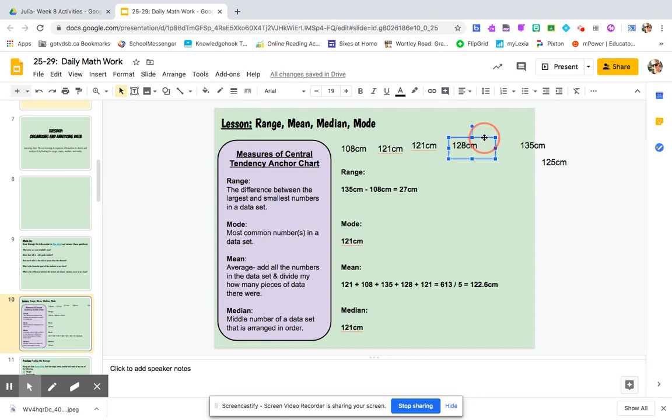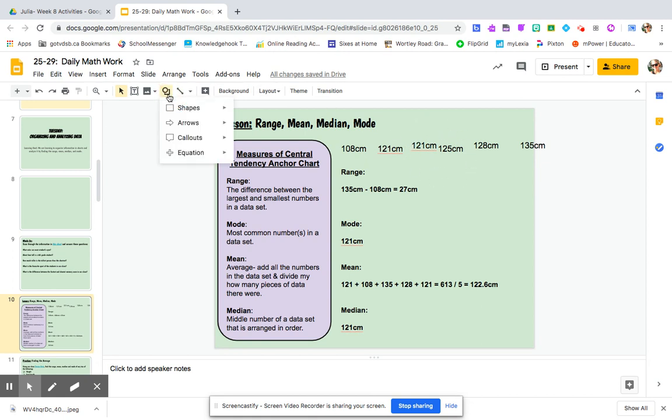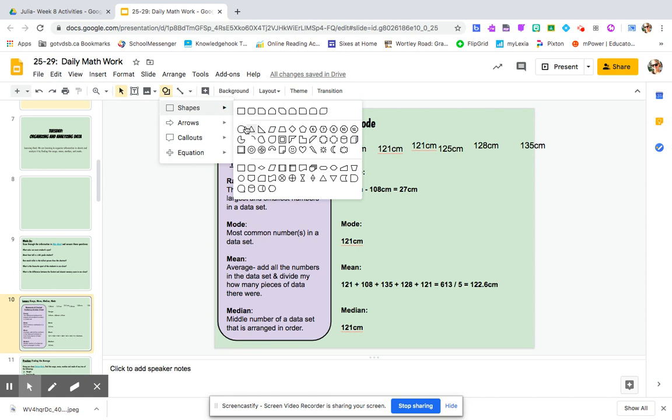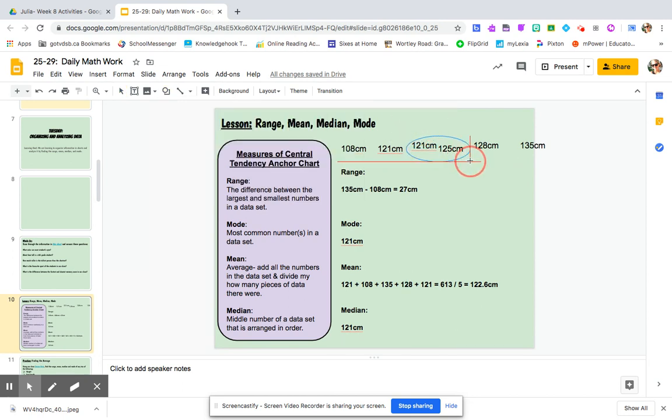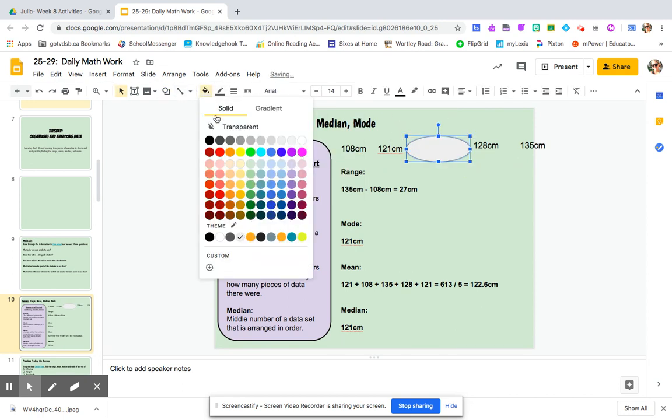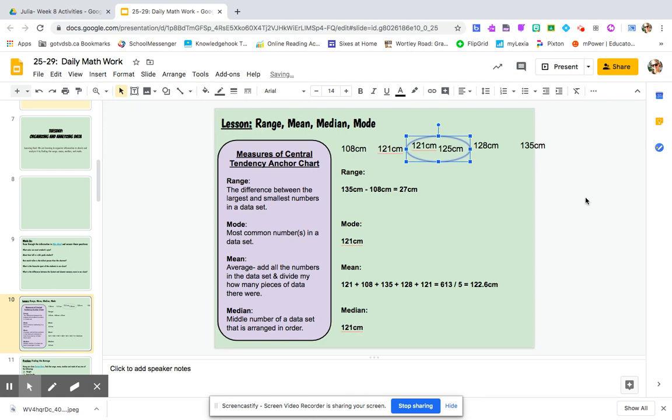between 121 and 128. So when I put this in here, I now have 2 numbers that are in the middle. I have 121 and 125. So in order to find the median of those, I'm going to have to find the average of them. I'm going to have to add the 2 together and divide by how many numbers that is, so those 2 numbers.